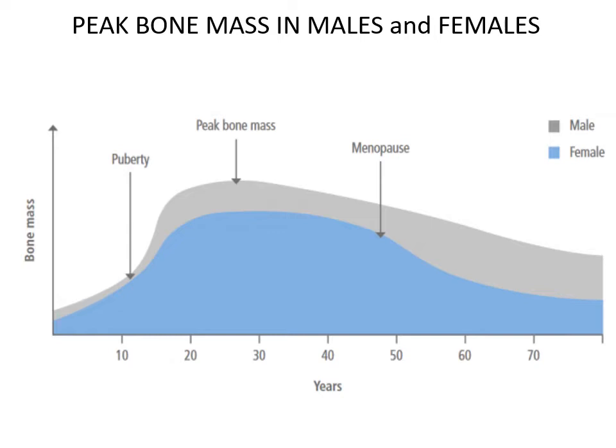Okay, so if you look at the age of 60, sure, males are losing bone mass as well, but they started with a higher overall bone density, so they're still at a good level, even at the age of 60, okay, compared to women that have lost significant bone mass after the age of 50. Okay, and that's why they're at higher risk for fractures and osteoporosis because of all that bone mass that's lost after menopause.